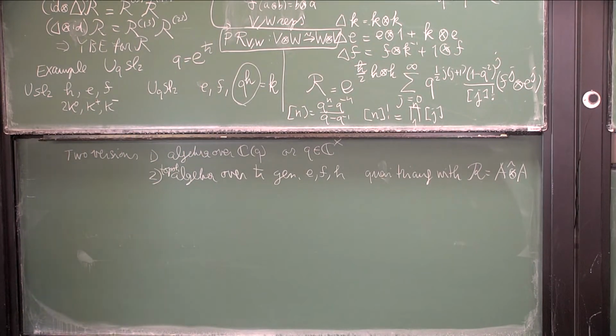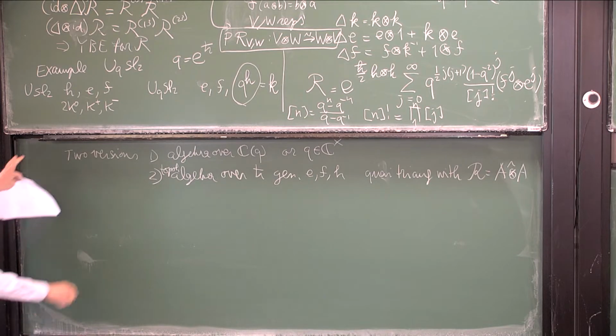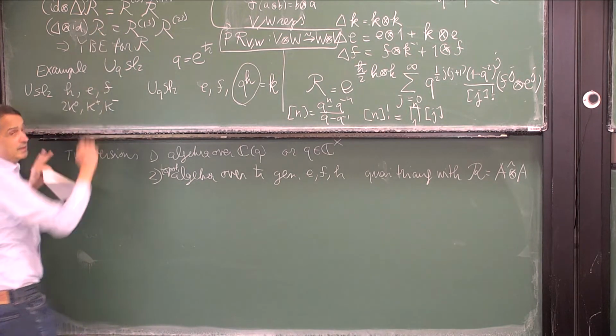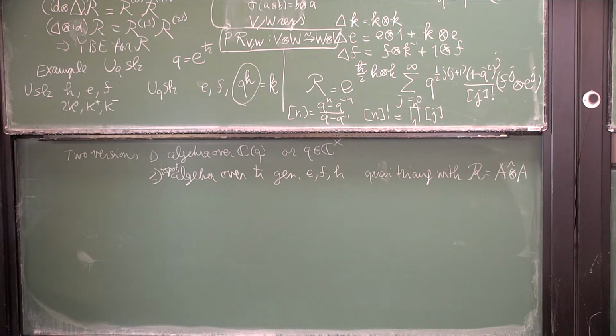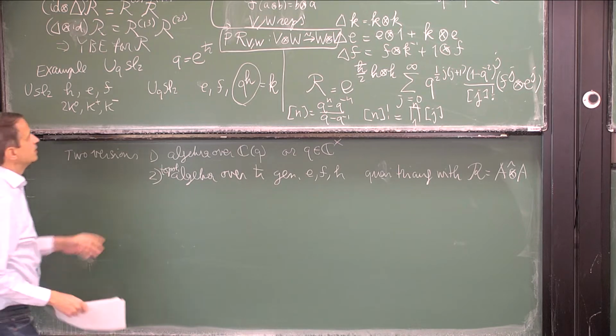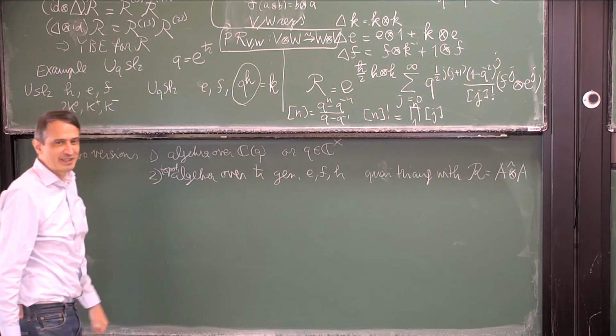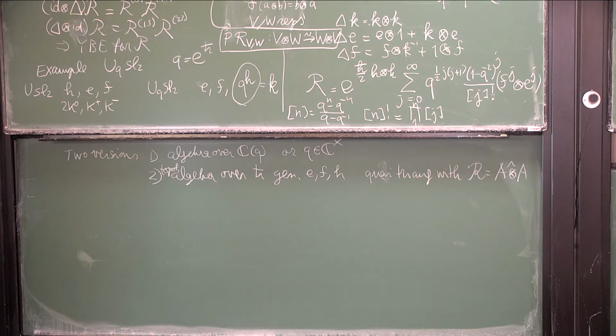That main fact, R delta is delta prime R, is that the quasi-triangular property? I think quasi-triangular is this, maybe that, I don't know if it has a name in itself. Okay, so what was P?